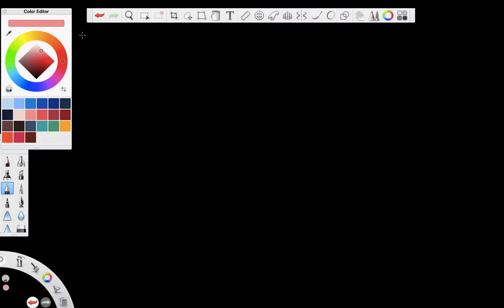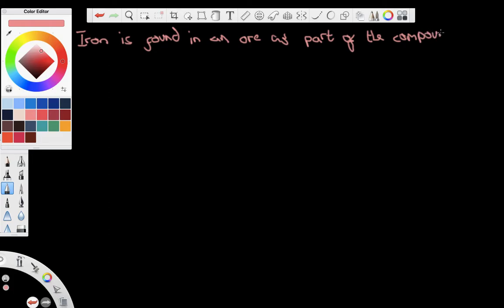So we can say that iron is found in an ore, as part of the compound iron oxide.